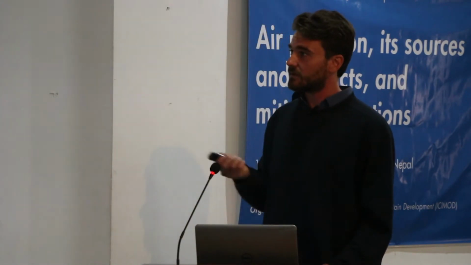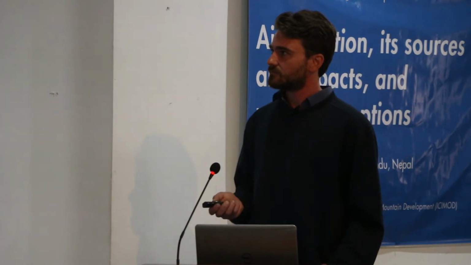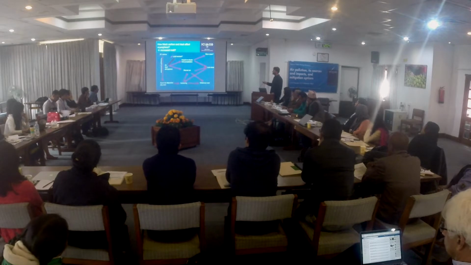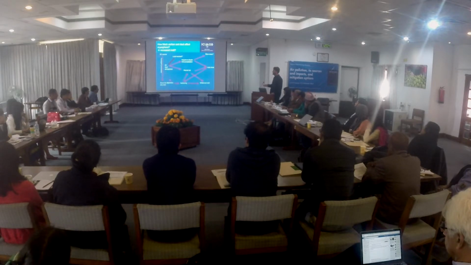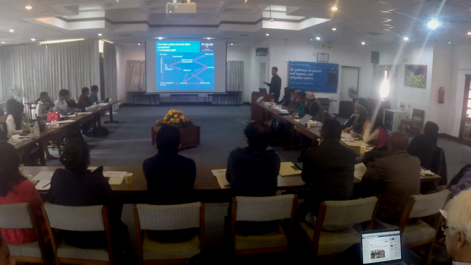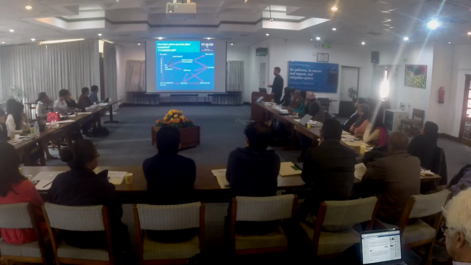It's a quite complicated system. And furthermore, between the urban sources and the snow and ice deposition, there are lots of local sources that are quite unknown and difficult to assess, like burning forests or burning fires and things like that.